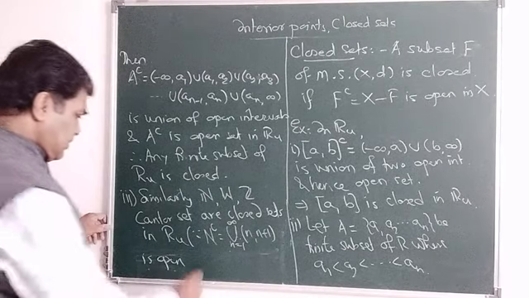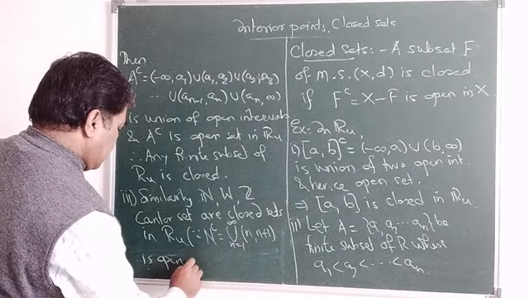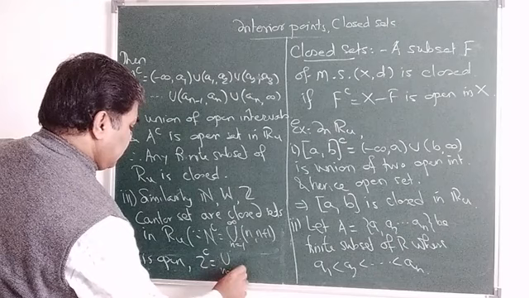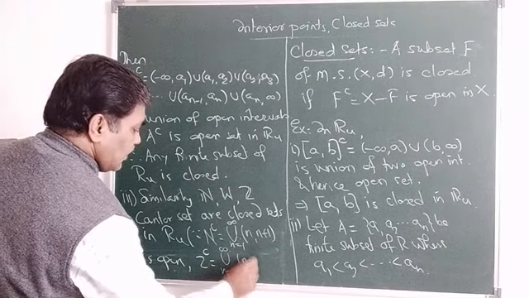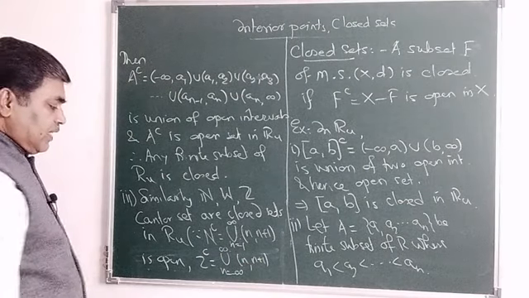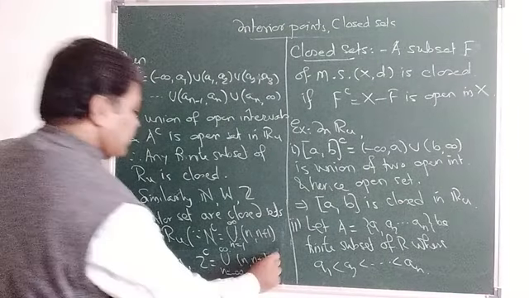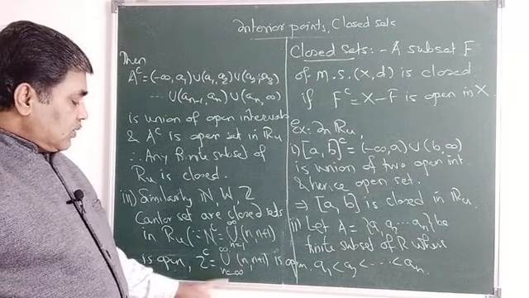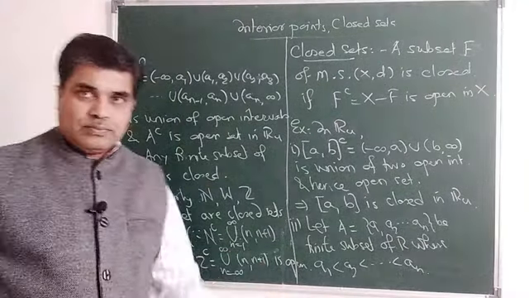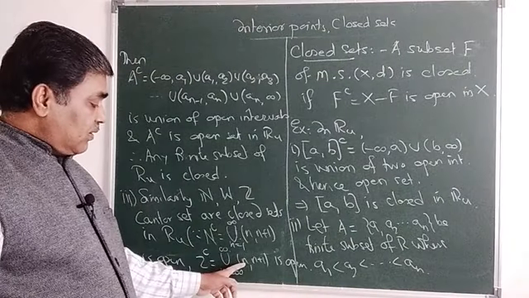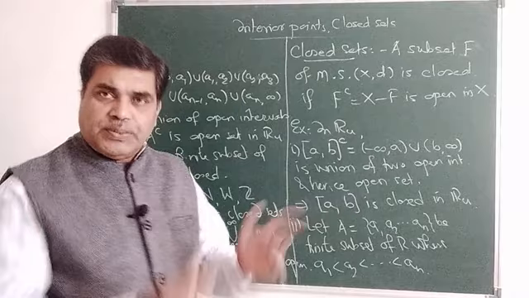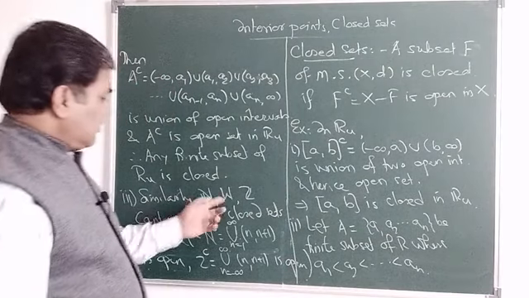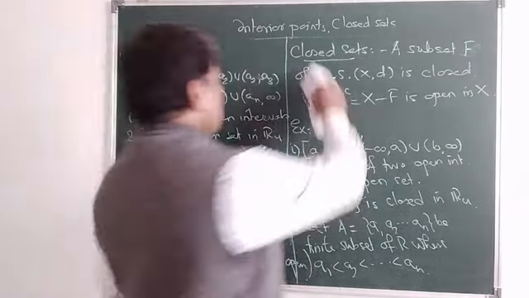If I take Z complement, it is the union over n from minus infinity to infinity of the open intervals (n, n+1), which is again open. For example, if I take n equal to minus 1, then n+1 is 0, and minus 1 to 0 is an open interval. Similarly, W complement is also open.